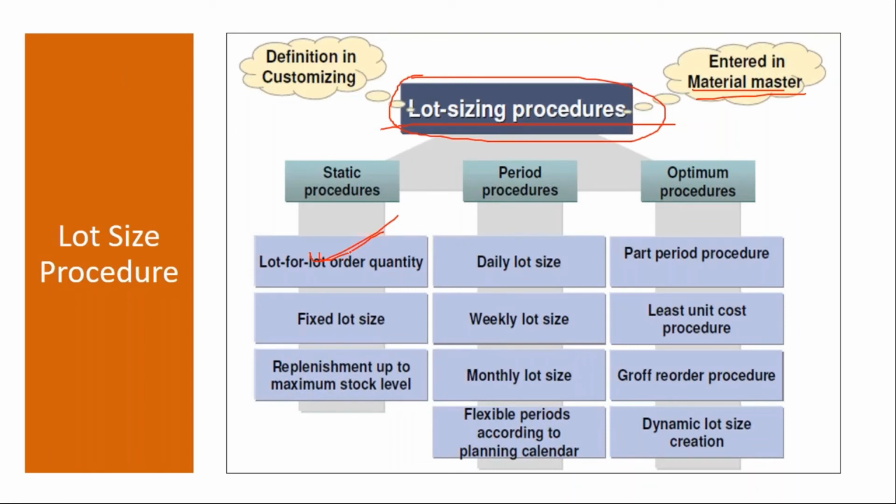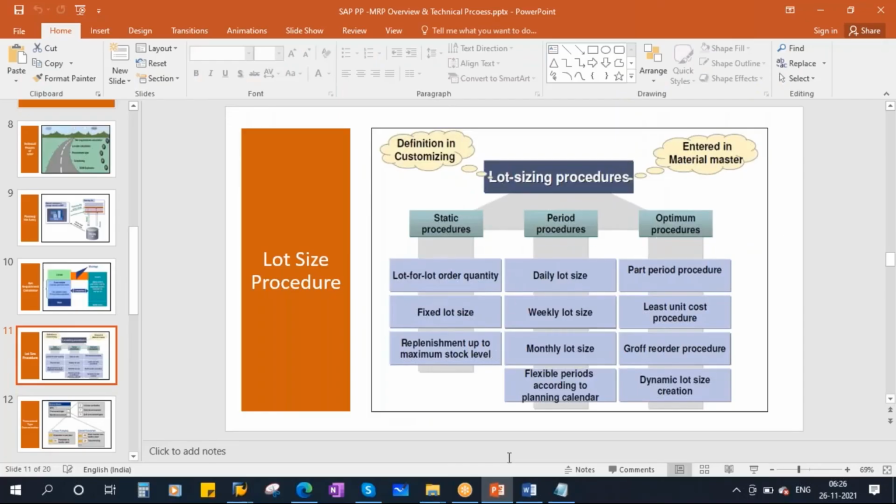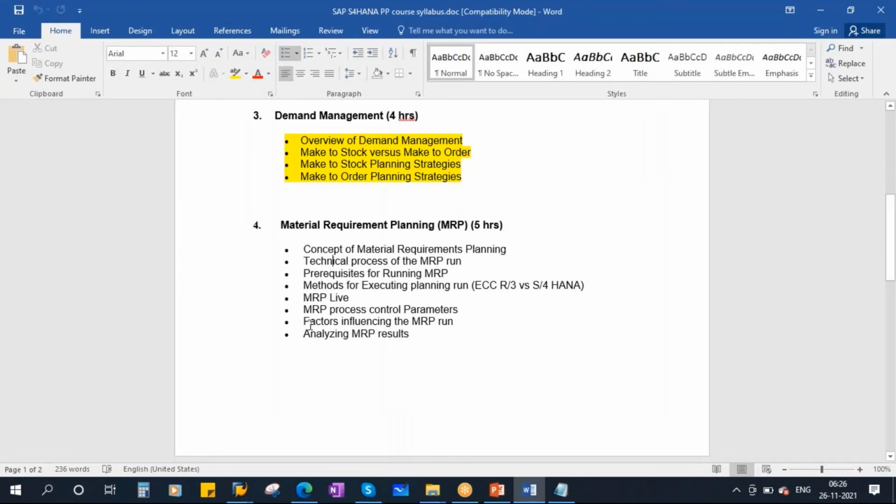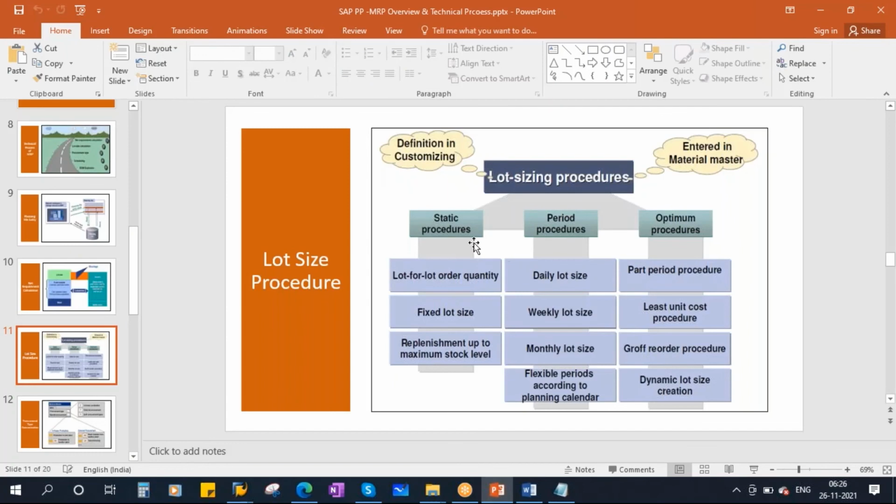There are 3 lot sizing procedures: static, periodic, and optimum. We will discuss this when we go to the factors influencing the MRP. During that class, we will discuss in detail. So as of now, we will check what lot sizing procedure is maintained.